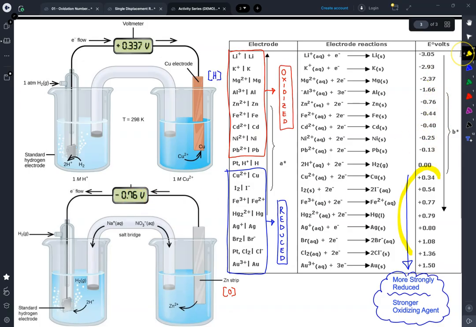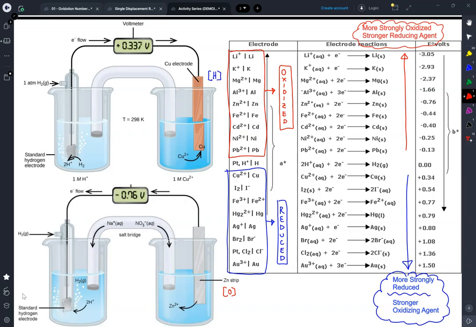So if you see a positive voltage value, that means that element is being reduced and is an oxidizing agent, with the larger voltage values indicating its relative strength. On the other hand, a negative voltage value indicates that the element is being oxidized. Again, the larger the magnitude of the voltage value, the more strongly the element is being oxidized and the stronger the reducing agent.